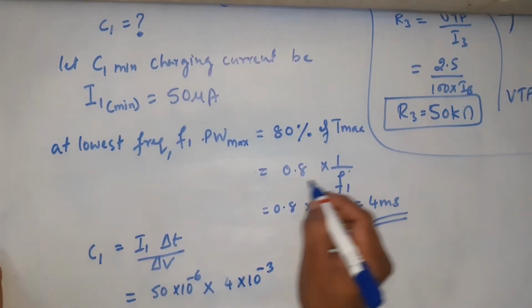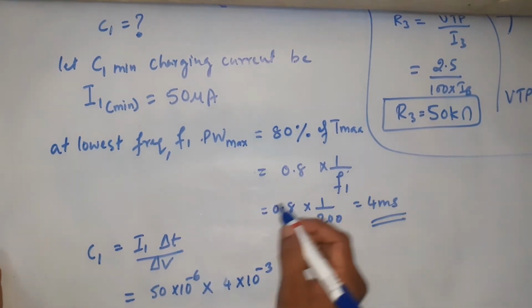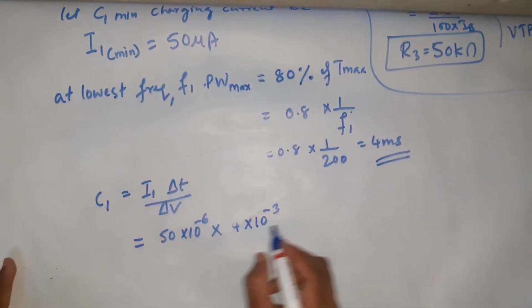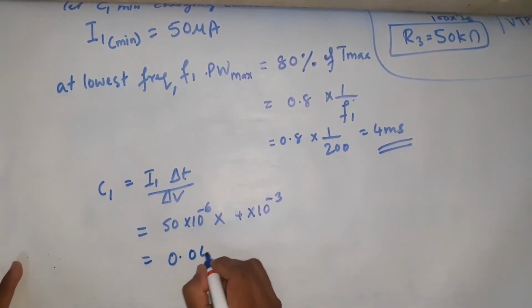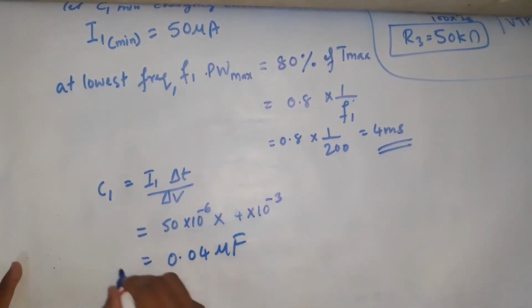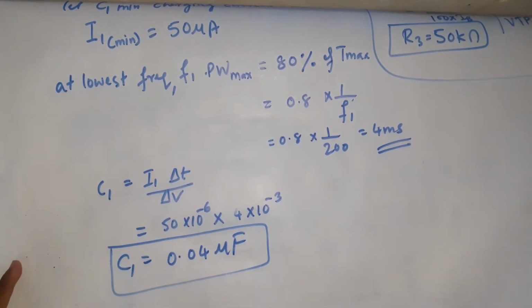This will work as our change in time. So this will give you C1 equal to 0.04 microfarad.